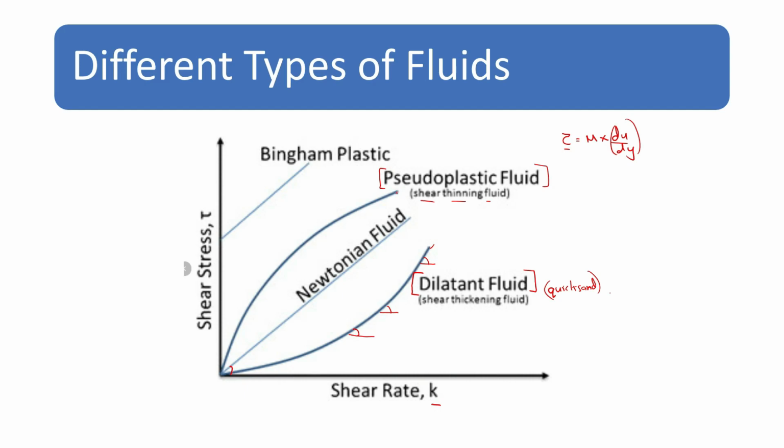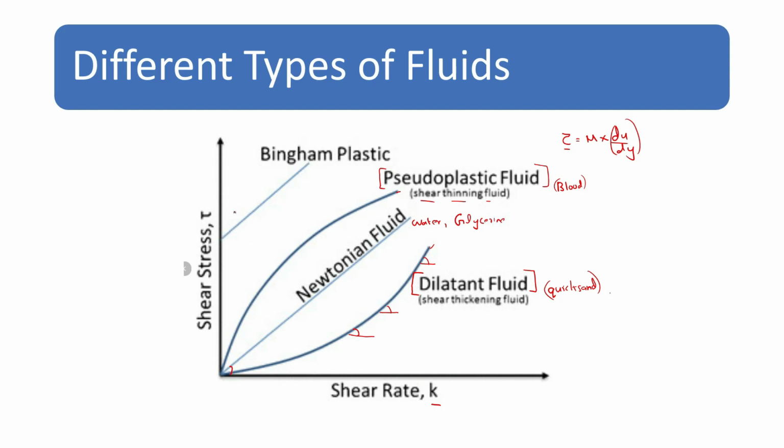These are called pseudoplastic fluids, and examples include blood. For Newtonian fluids, some examples are water and glycerin. Honey is also a type of Newtonian fluid.